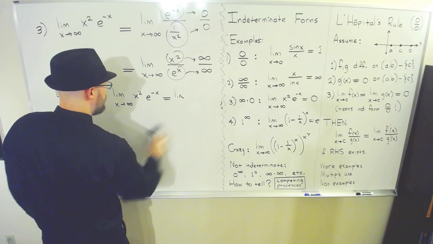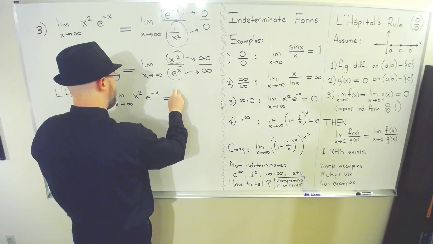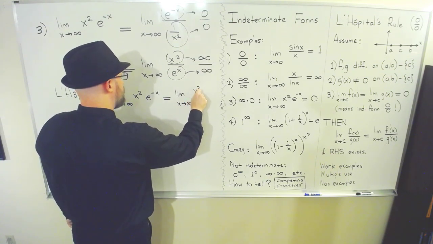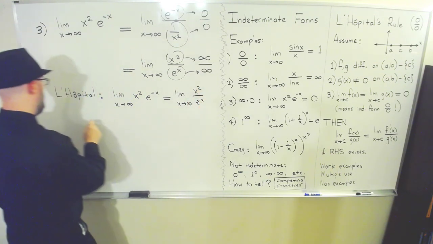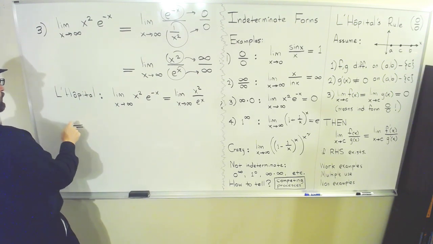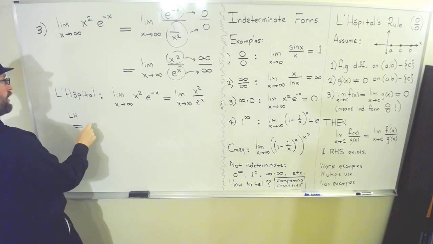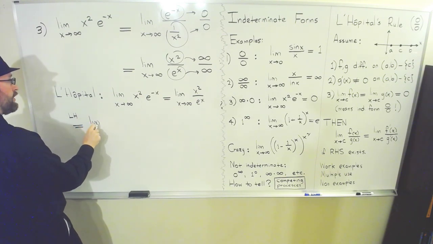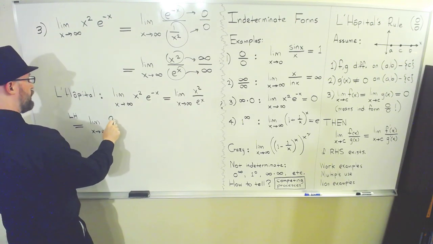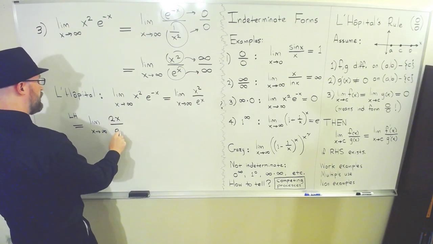So this is limit as x goes to infinity, x squared over e to the x. And then I can apply L'Hopital's rule. So I'm going to write LH here for L'Hopital over the equals sign here. So I have limit as x goes to infinity of, now I have 2x over e to the x.